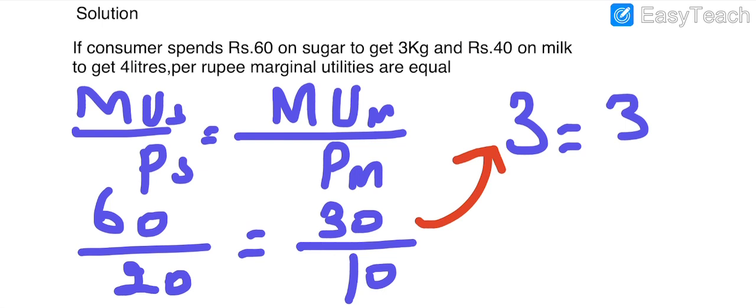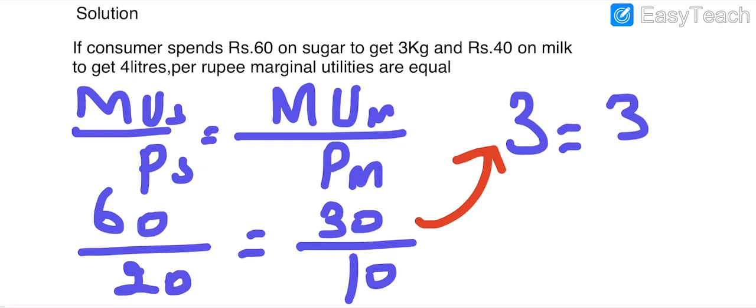And finally, this is again the solution: the marginal utility of sugar will be equal to the marginal utility of milk. So we can finally describe it this way: because the consumer is rational, the rational behavior of the consumer is that they think in terms of margin, because they are comparing the marginal utility of the commodities, and they always try to reach their maximum point or maximum decision, or to obtain maximum utilization.